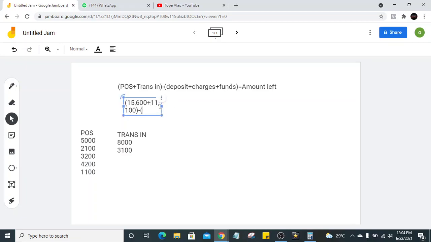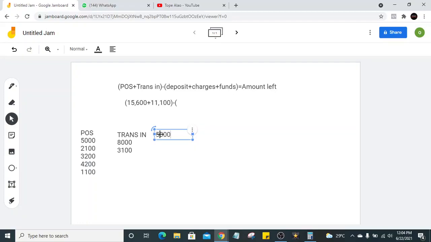So the next thing here is deposit. You can see deposit is the total amount of deposits, that is cash customers want to deposit to their account, or sometimes you call it transfer out, like the amount you want to transfer to the customer's account. Let's say a customer came and said, I want to send money to my kid in school, let me send 5,000.